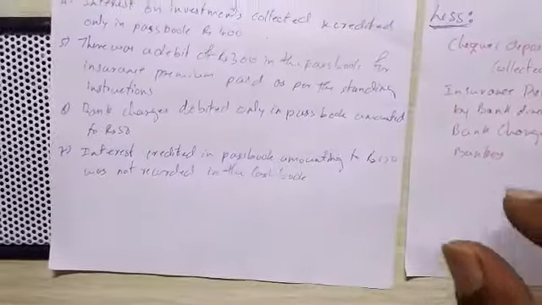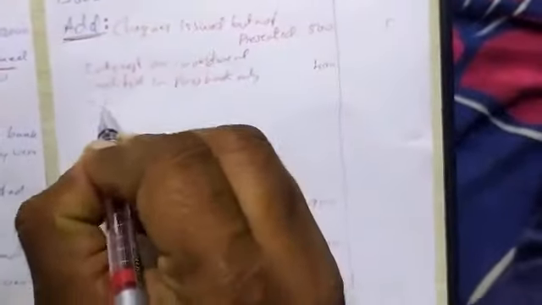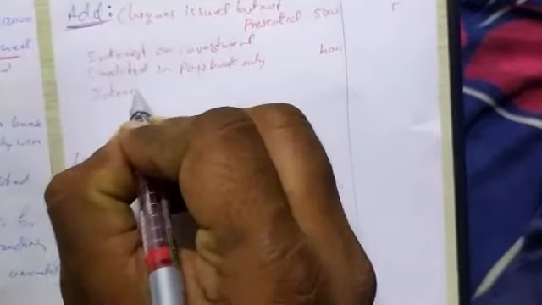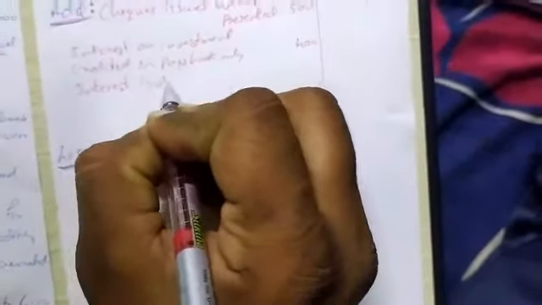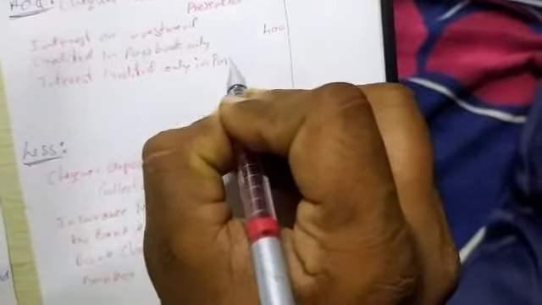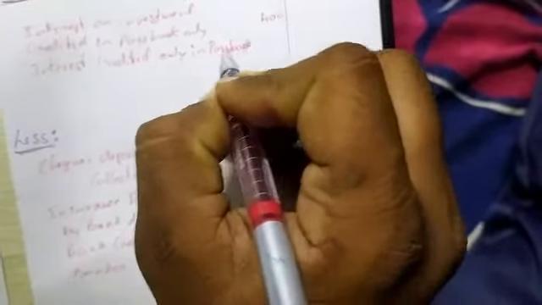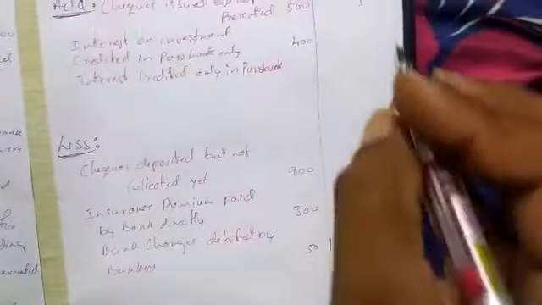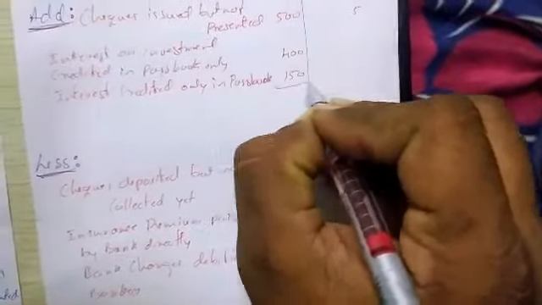So we should add this amount to our cash book balance here: interest credited only in passbook. How much amount? Amounted to rupees 150. Now all transactions are over here.